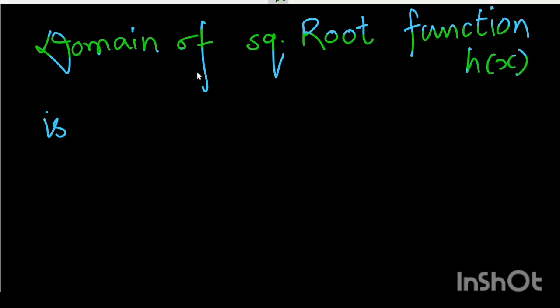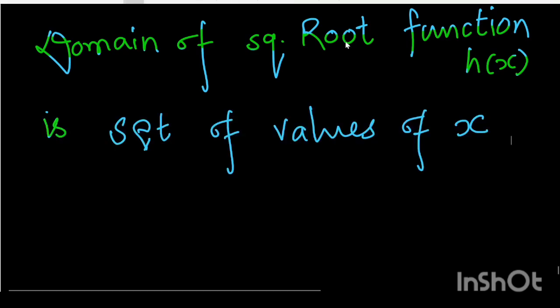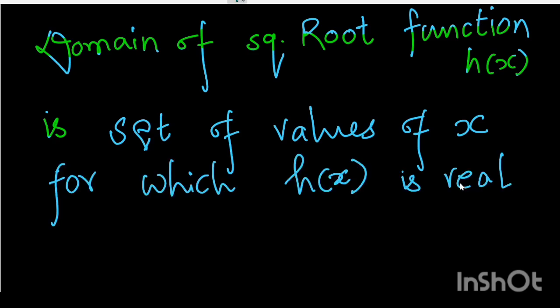The domain of square root function hx is the set of values of x for which hx is real. Basically it's the set of all those values of x for which, if we substitute them in hx, it gives real values. So that is the domain of a square root function.